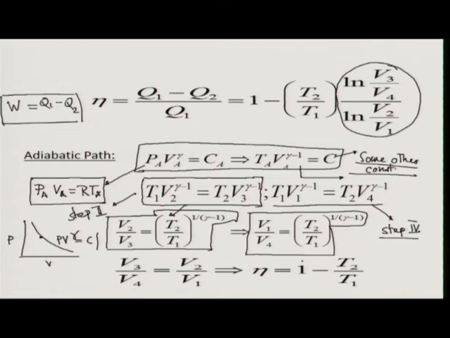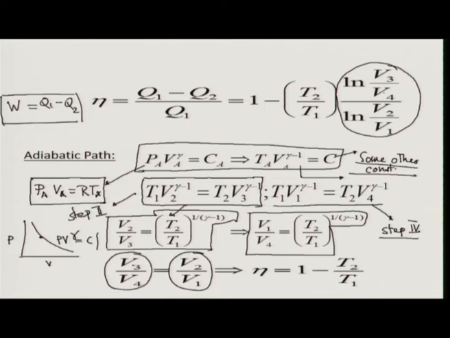Once I have this, what do I have? I have here V3 by V4 and V2 by V1. Okay? What can I do? I can substitute everything. From these two equations, I can immediately conclude V3 by V4 is equal to V2 by V1.